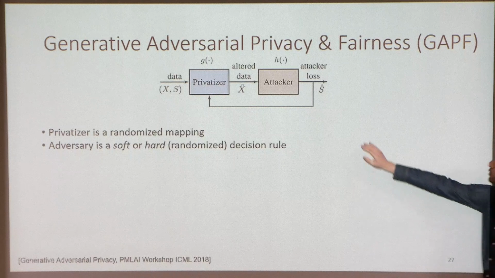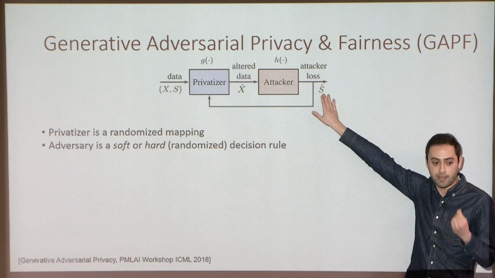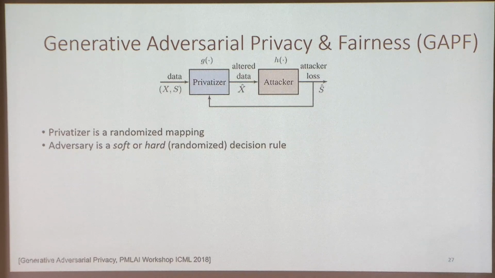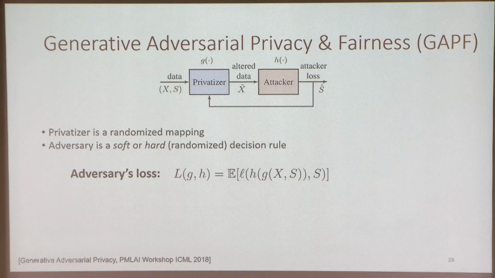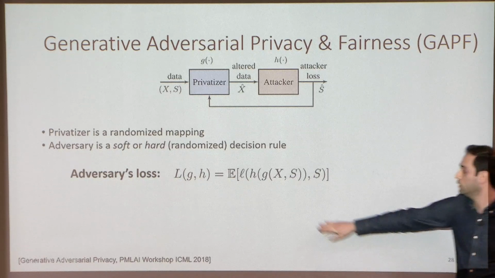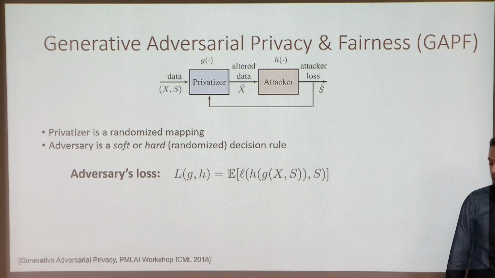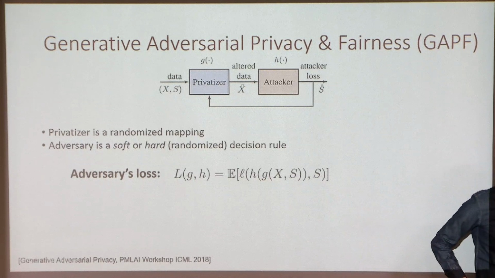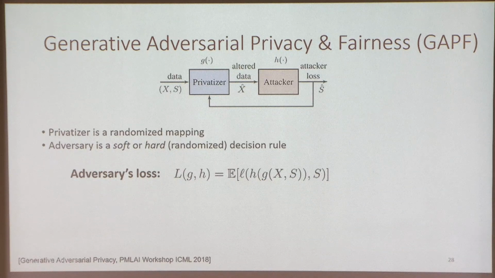It can produce either an estimate of S directly, or some likelihood on it, some belief on it. Okay? So now from the adversary's perspective, we're going to measure the adversary's loss as the expected value of some little loss L, I'll talk about this in a minute, between S hat and S. Okay, so H of G is nothing but S hat, what you produce as an estimate of S.